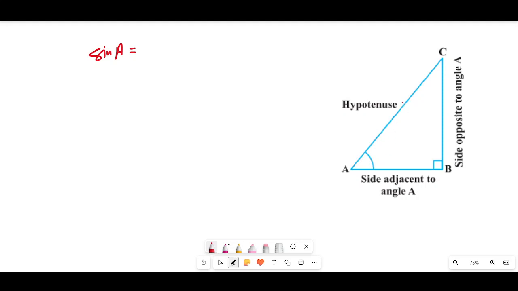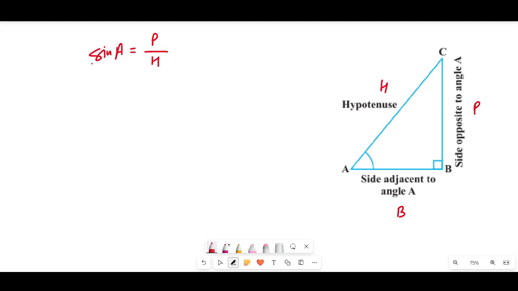There are three sides. Hypotenuse we denote H, this is perpendicular, we denote P, and the base we denote B. Clear? Now sine A is the symbol of P by H, that means perpendicular and hypotenuse. The ratio of perpendicular and hypotenuse is defined as sine A.